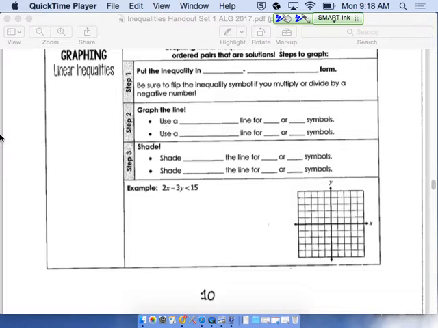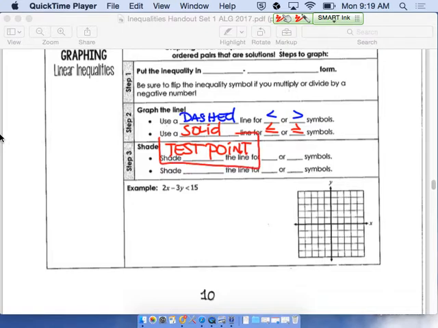And here, if you have the strict inequality, you use a dashed line, and if it contains the less than or equal to, you have a solid line for graphing purposes. And the shading, I'm going to alter the instructions as they're presented here. The best testing point is the origin, 0, 0.